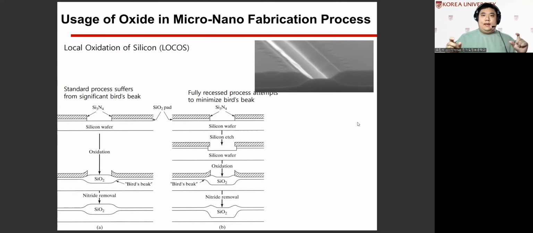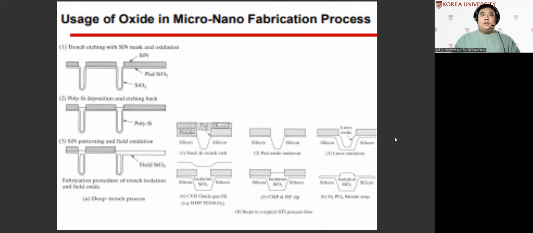However, to make a deep oxide layer, we must make a really wide area to be oxidized, and this does not help define the bottom semiconductor process. So this low-cost fabrication process is not widely used nowadays.